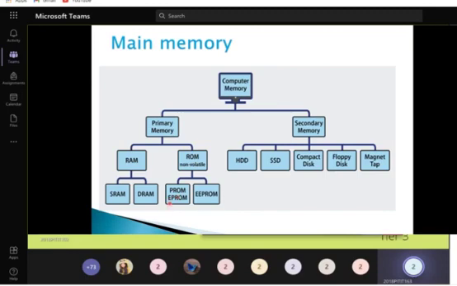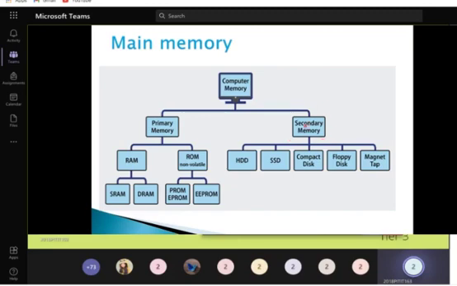One is PROM, that is programmable read-only memory. Next is erasable programmable read-only memory, and then electrically erasable programmable read-only memory. The short forms are written like PROM, EPROM, EEPROM.